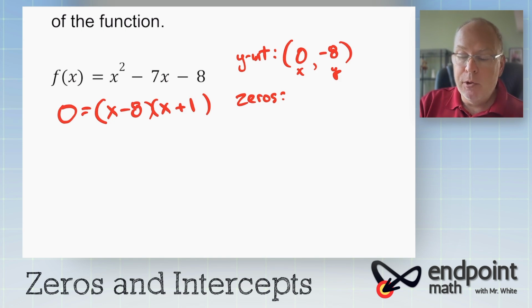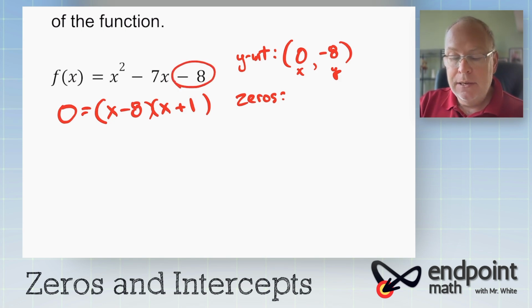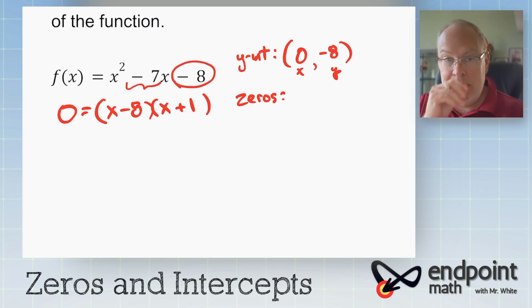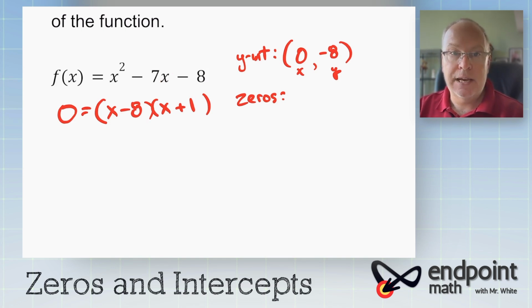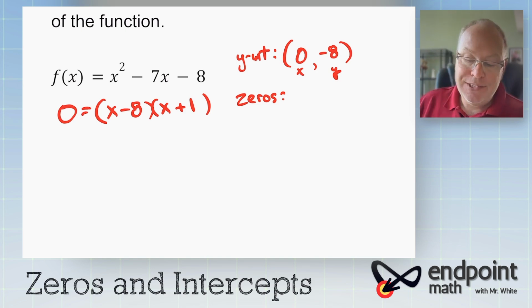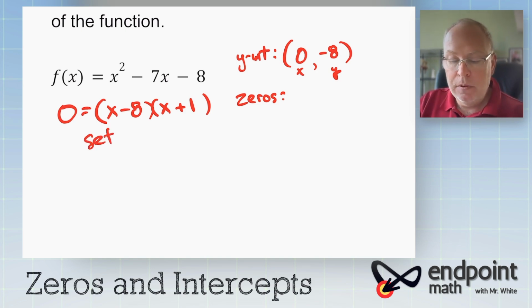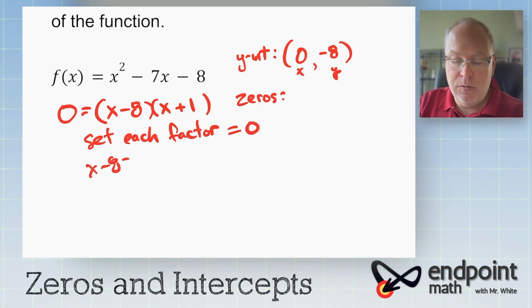This one wasn't too bad. It was what multiplied to be negative 8 and combines to be negative 7. It would be negative 8 and 1. That's how I generally think about it and teach it. All right, so what am I going to do now? I set each factor equal to 0. So x minus 8 equals 0, x plus 1 equals 0.